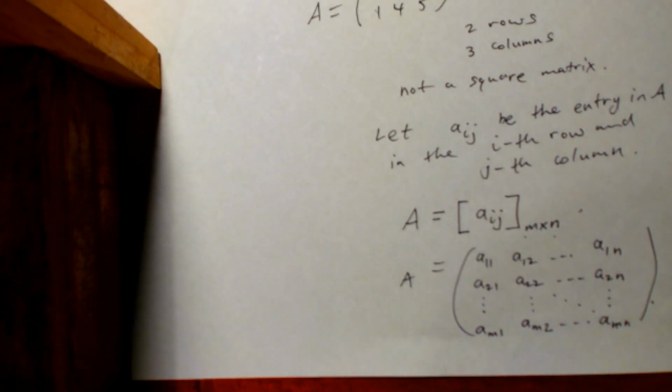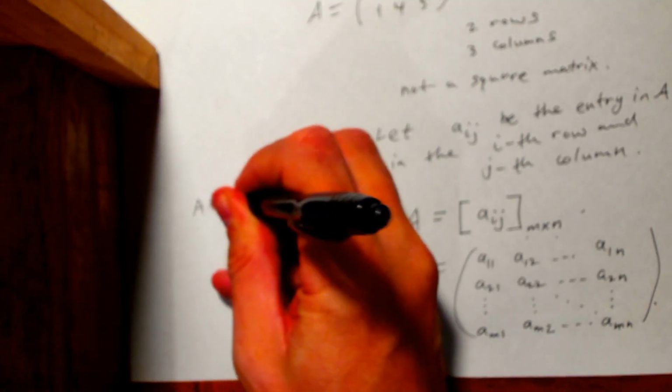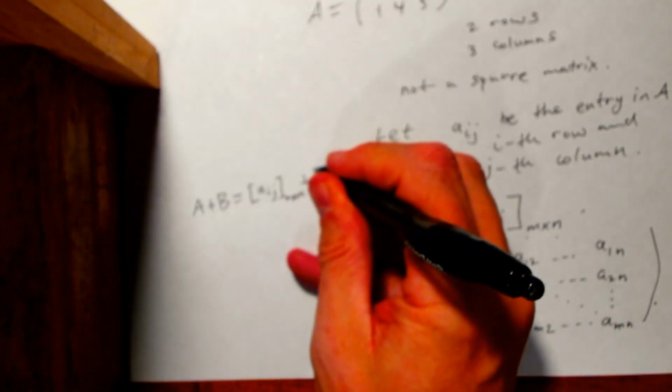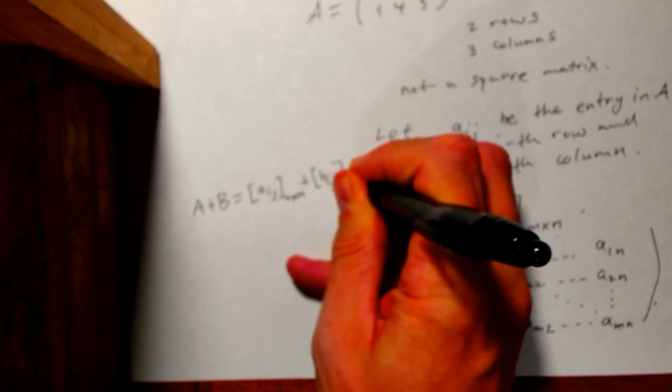Alright, so it's useful to write it this way when you need to take sums and products. For example, rather than write out all of this, if I wanted to write the sum of A and B, I could characterize A as A_ij, an m by n matrix, and characterize B by B_ij.